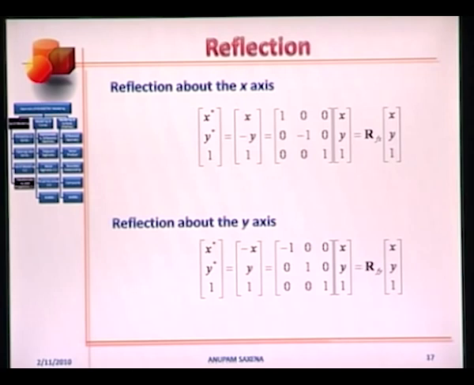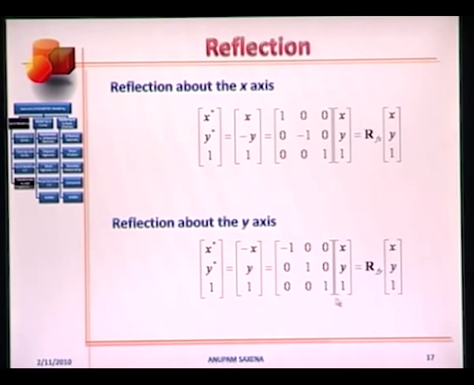In this case, the abscissa changes in sign, the ordinate remains the same, and the dummy entry again remains the same. We can express this using again a 3 by 3 matrix with entries -1, 0, 0, 0, 1, 0, and 0, 0, 1.